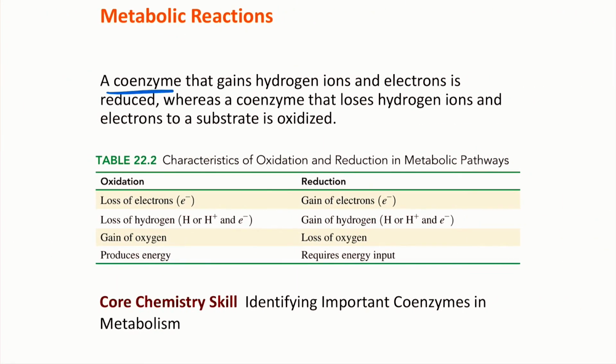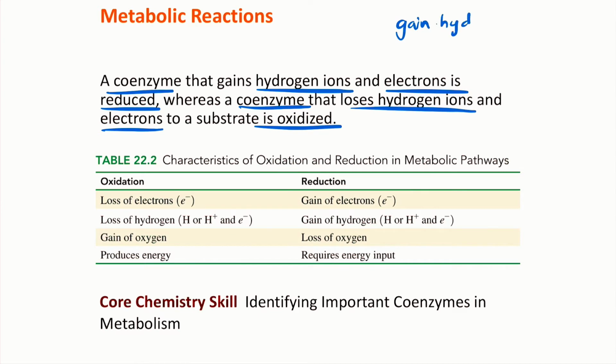A coenzyme that gains hydrogen ions and electrons is reduced, whereas a coenzyme that loses hydrogen ions and electrons is oxidized. So remember, if you are gaining hydrogen ions, you are reduced.